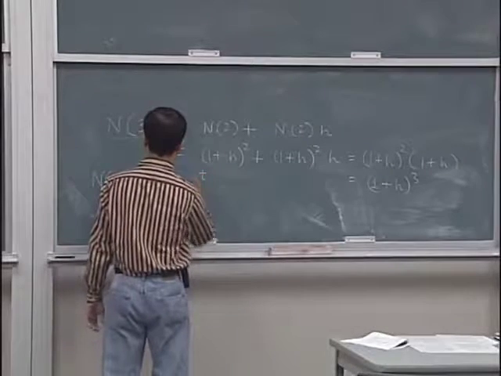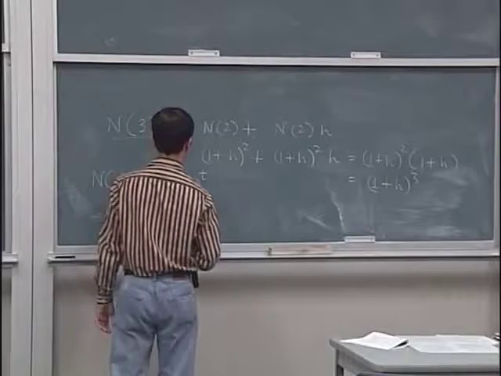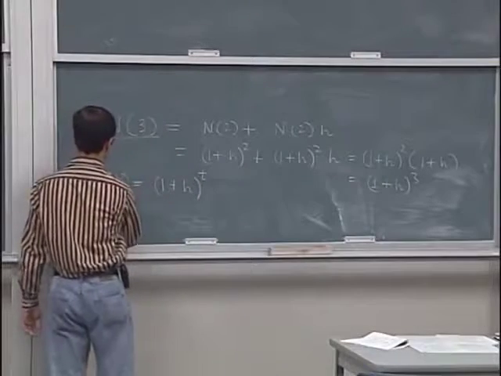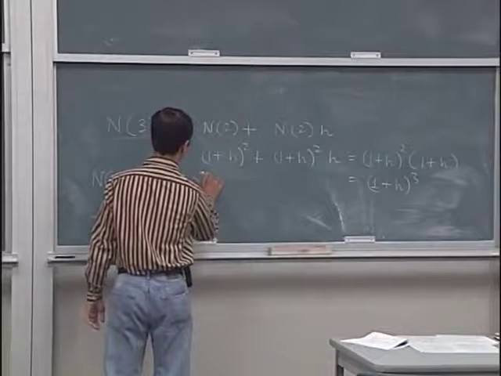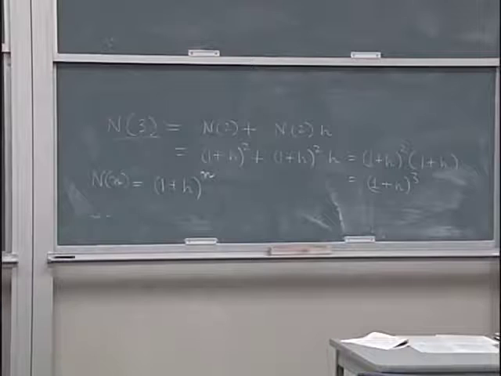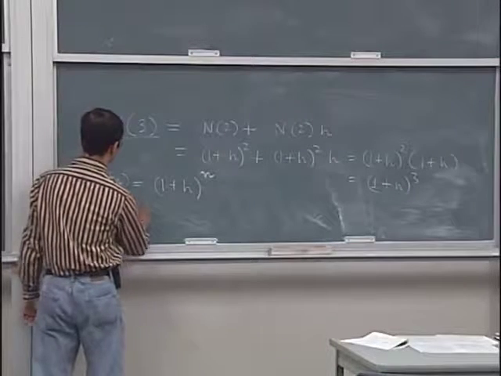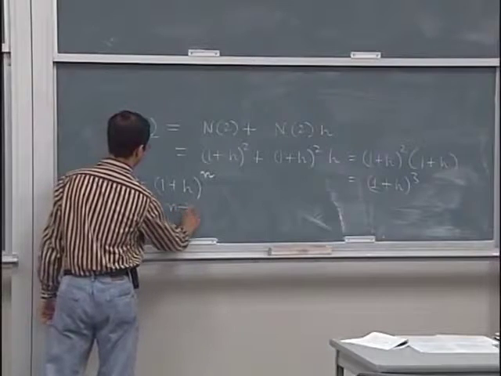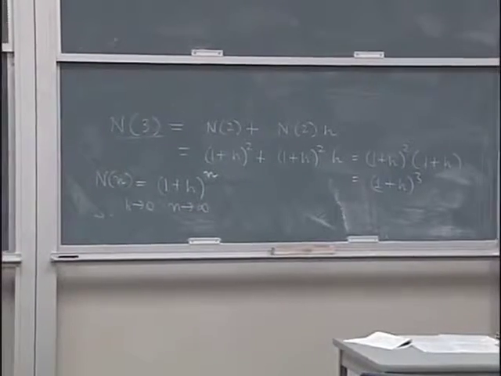Not t, yes, it should be a step count, small n. 1 plus h to the power n. And if you remember, if I take the limit of h going to 0 and n going to infinity, do you know what this tends to?